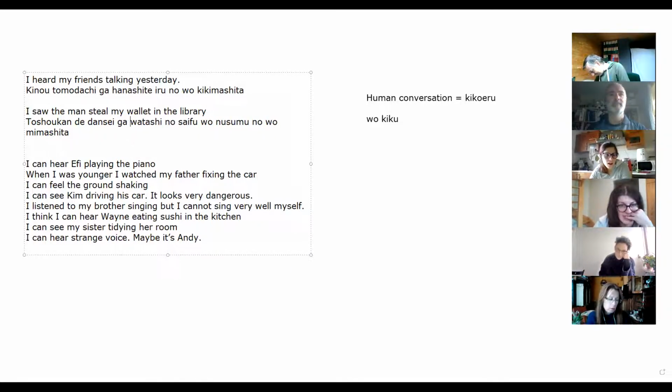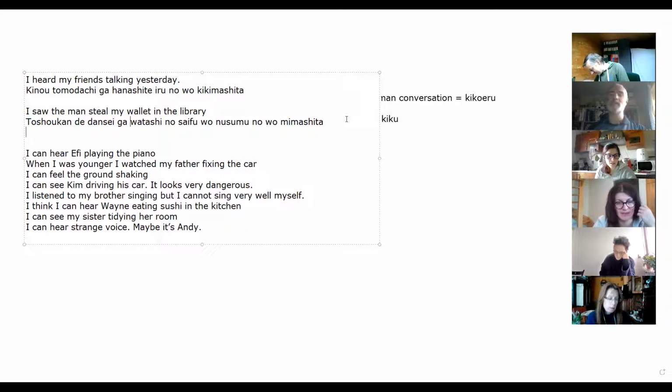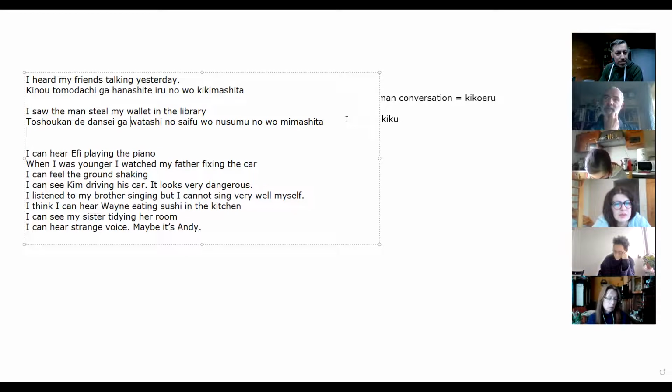Ga, because it's watashi wa. Dansei ga. This actually means at the moment, I watched the man steal my wallet. Like I was sitting there, I saw him steal the wallet and I watched him running away. But this is slightly different. This is like to spot somebody, to see something. So I need to put mieru. So I need to put no ga. Good. Miemashita. Yes, good, exactly.